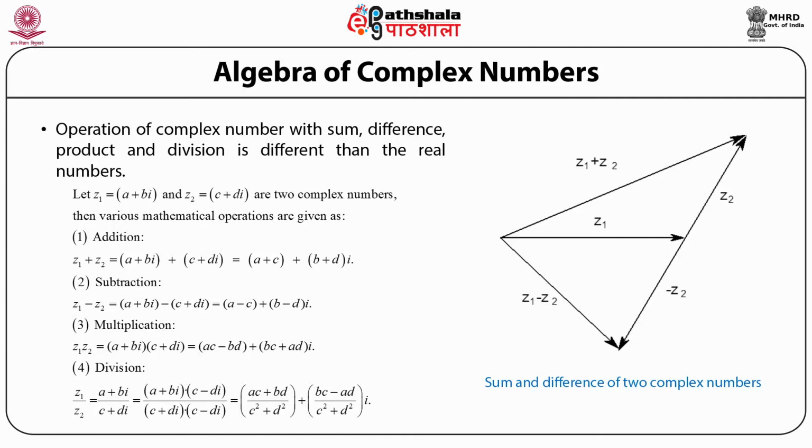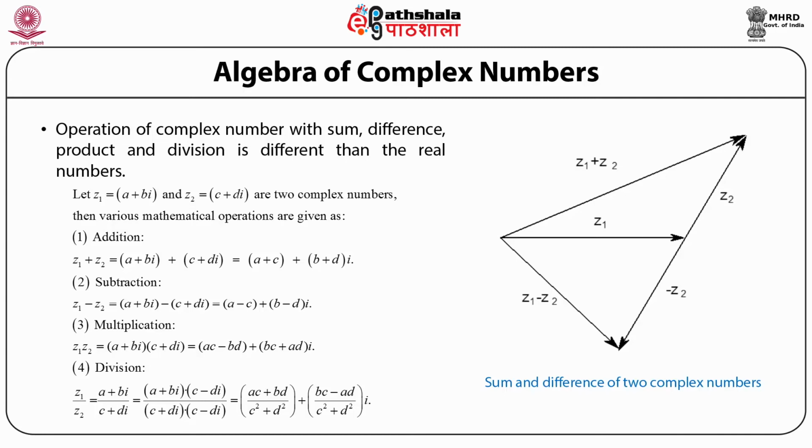In the case of multiplication, this is the most important thing. Z1 times Z2 is going to be A plus Bi times C plus Di. It's going to be A times C, which is the real number, minus B times D. This is the critical factor of when an imaginary axis is getting transformed into a real axis. i as you know is the root of minus 1.